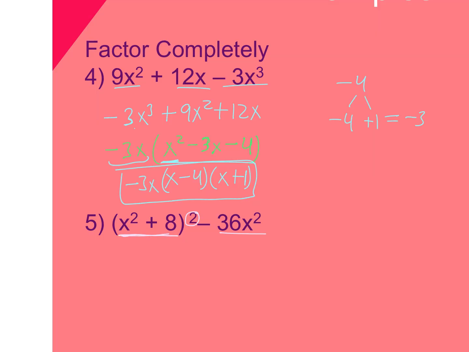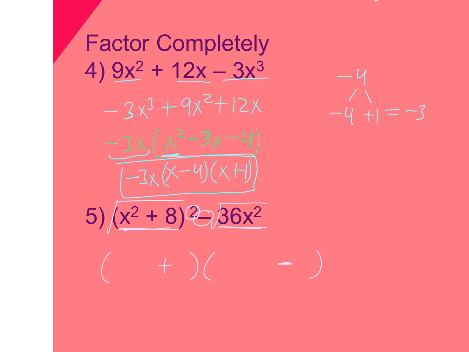So I have a perfect square and another perfect square, a minus in between, right? Do we know anything special about that? All right, of course we do, right? This is a difference of perfect squares. So I'm going to take the square root of the first, square root of the second. Keep in mind, this is 2 sets of parentheses. One gets a plus and one gets a minus, right? Our first square root is just going to be x squared plus 8.